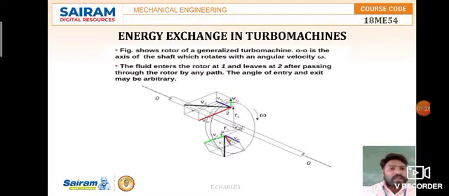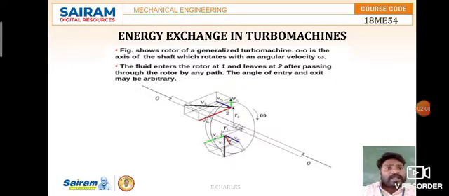In this figure, the position below the axis of the shaft is portion number 1, and the diagram drawn below the axis of the shaft is the inlet velocity diagram, and the diagram above the axis of the shaft is the outlet or exit diagram. This is how we can differentiate the inlet and outlet diagrams.